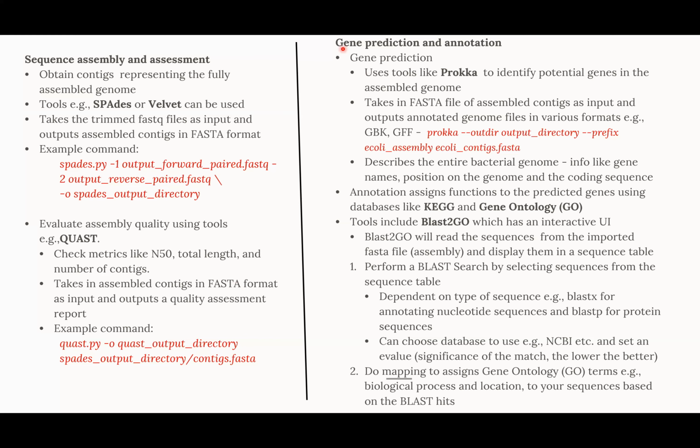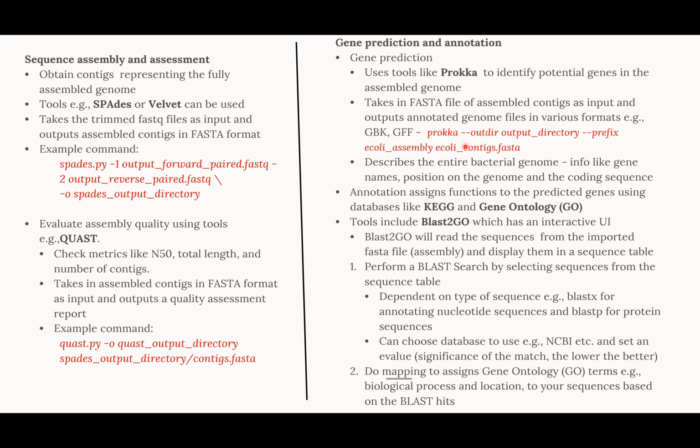And then after that, now you can do gene prediction and annotation. With gene prediction, we want to find out what genes are there in my genome. This uses tools like Prokka, and you will input the FASTA file that has your assembled genome, and it will output an annotated genome file, usually in a format like GFF or GBK.